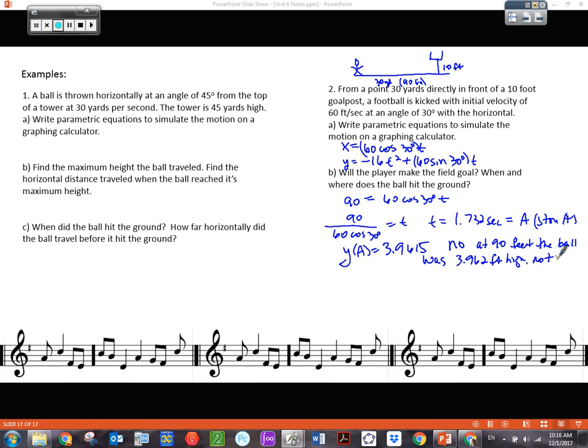Not enough to clear the 10-foot goal. Okay, so that gives us exactly what's going on.